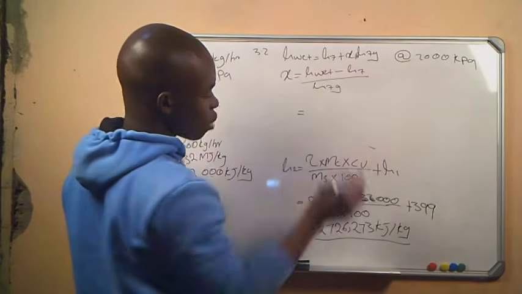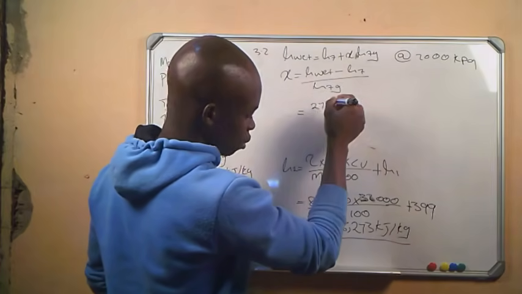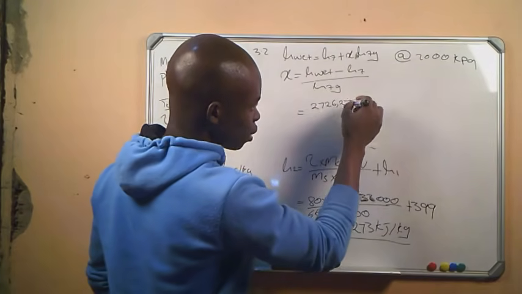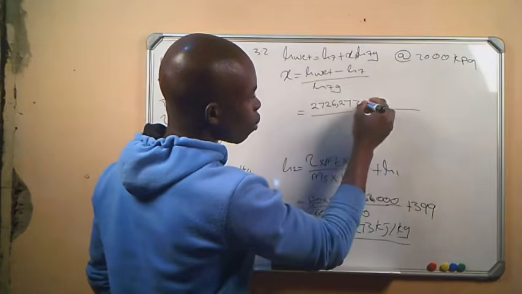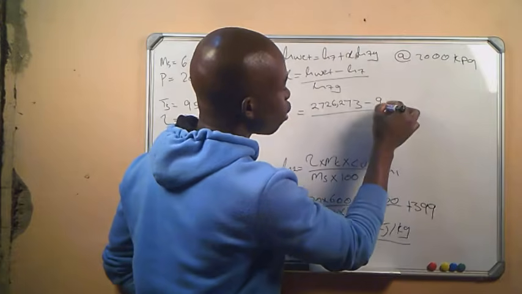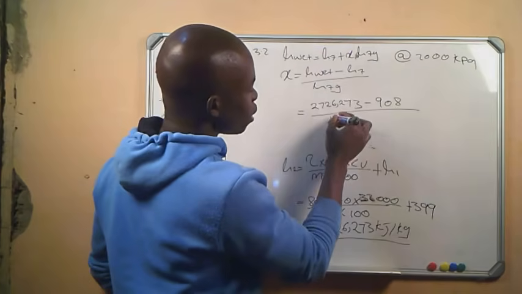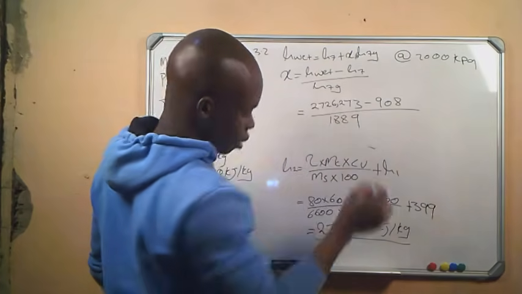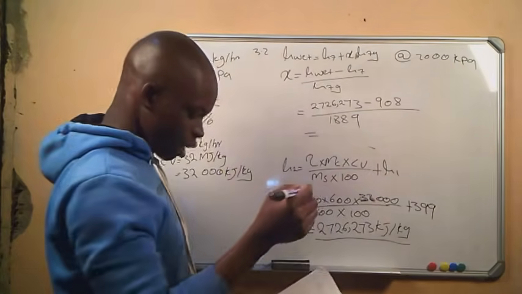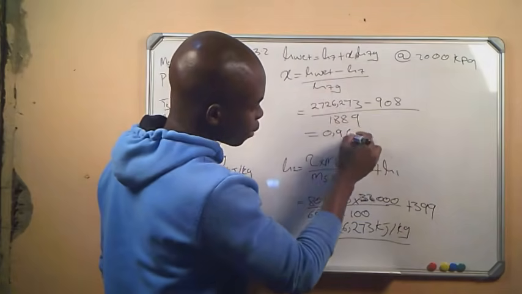Our H wet is equal to 2,726.273 minus, I got my HF as 908, and then I got my HFG as 1889, and then calculate, I got my dryness fraction as 0.963.